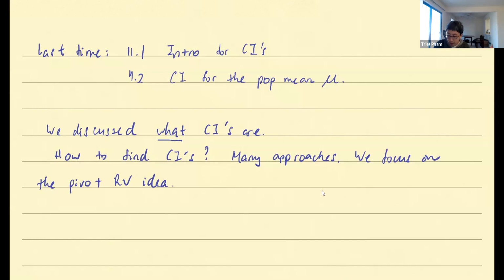So what's the idea? The idea is that we find a pivot statistic or random variable, whatever. Let me say theta hat pivot, for theta. Now, theta hat pivot must satisfy certain conditions.